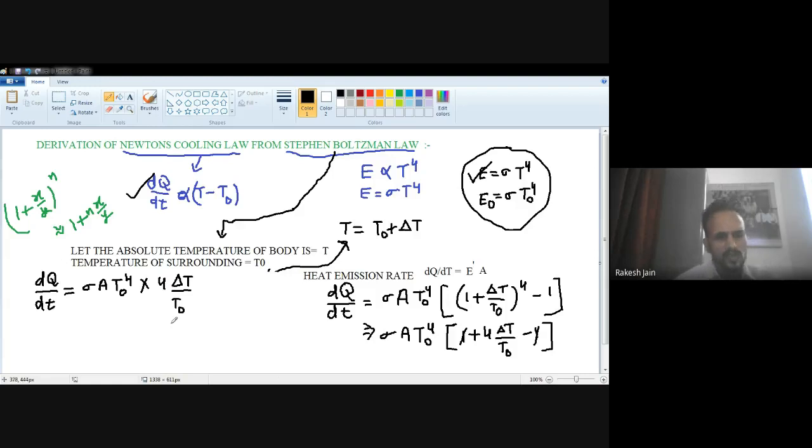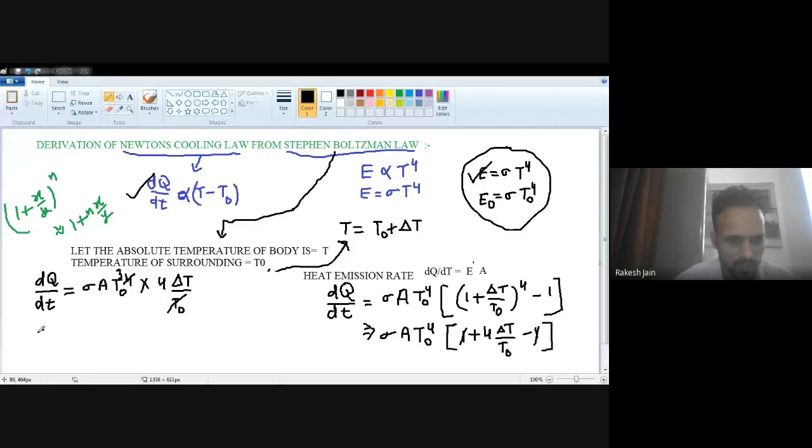Now this T0 raised to the power 4 will be decreased to T0 cube because of this T0 in the denominator. Now this T0 will be cancelled out. From this T0 raised to the power 4, instead of power of 4, it will be 3. I will write this in the next step.